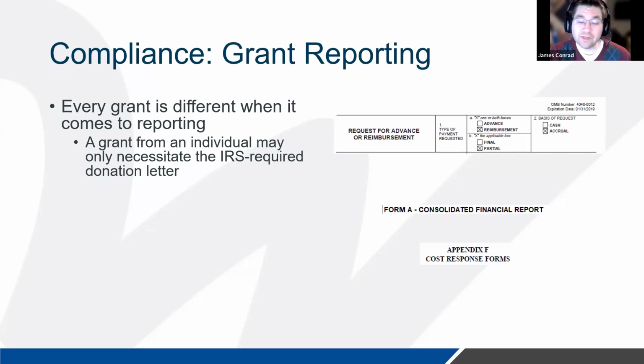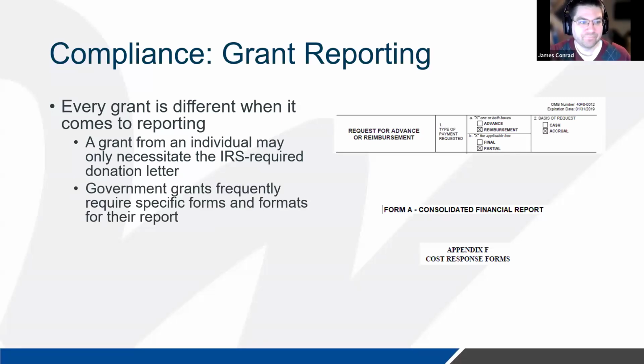But grants may be as simple as just having the IRS donation letter. If somebody just says, here, I'm cutting you a check for money that you asked for, send them your thank you letter, and there you go. But as I mentioned, government grants have those specific forms and formats.